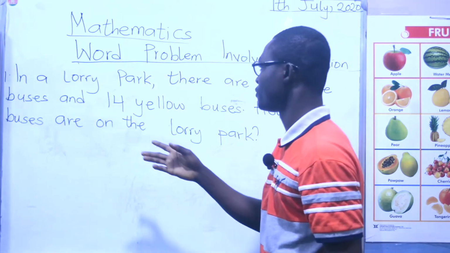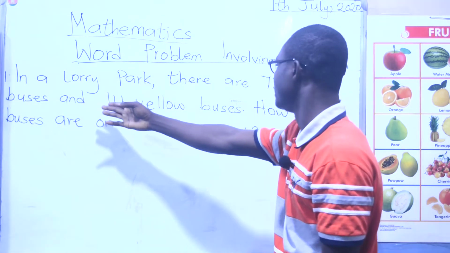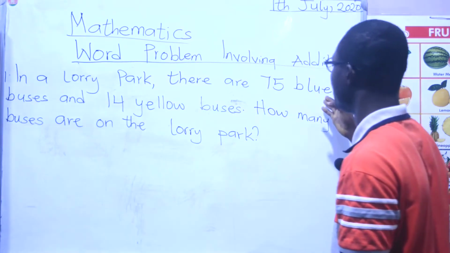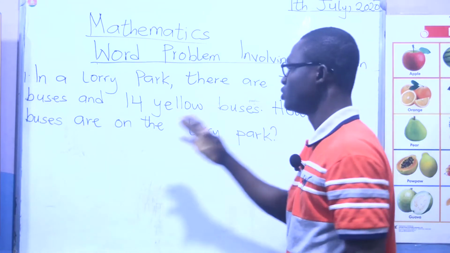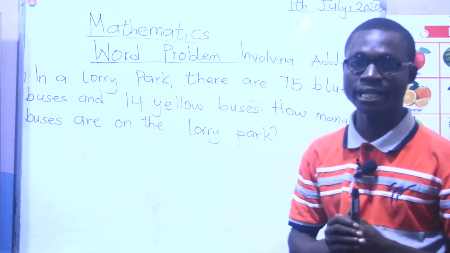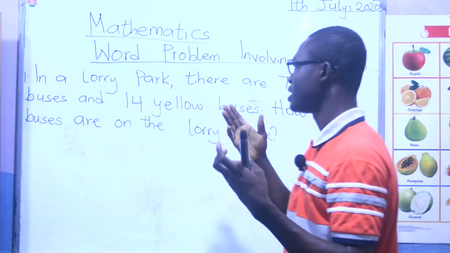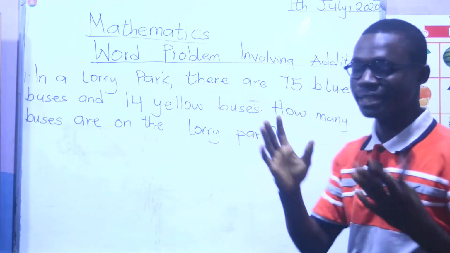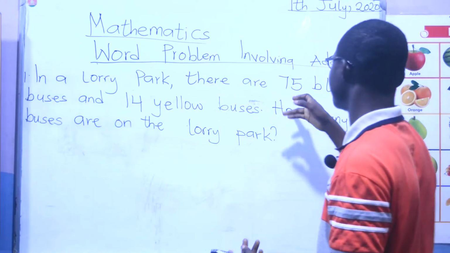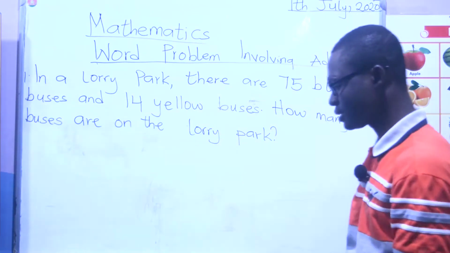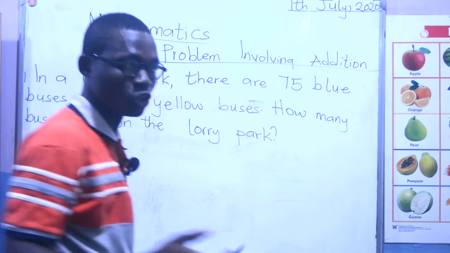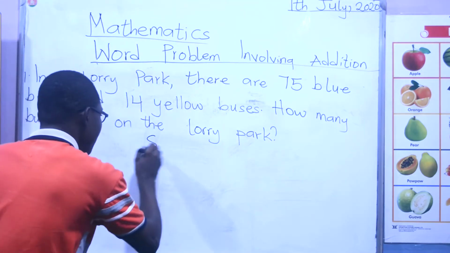So, first of all, the question is saying 75 blue buses and then 14 yellow buses. If you put all of them together, how many are you going to get? So our solution is going to be this.